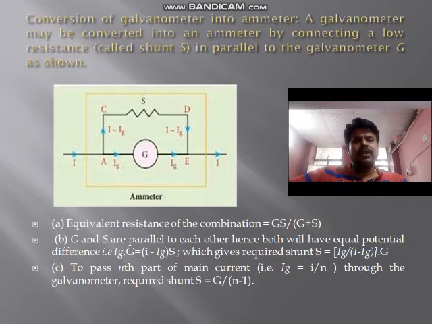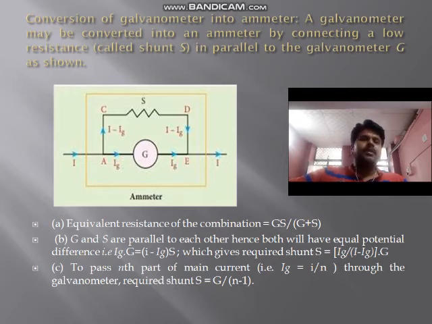That's why the equivalent resistance of the combination is decreased. Therefore, the equivalent resistance is equal to G times S upon G plus S, where G is the resistance of the galvanometer coil and S is the low resistance shunt.